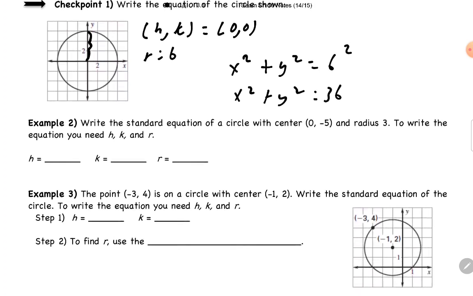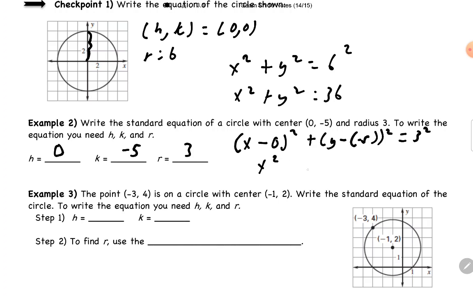Okay, example 2, right? The standard equation of a circle with center 0, comma, -5. So h is 0, k is -5, r is 3. Okay, so we're going to use our formula. x minus h squared plus y minus k, k is -5, squared equals radius squared.